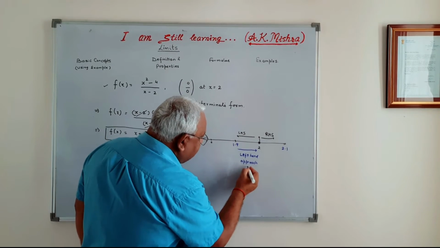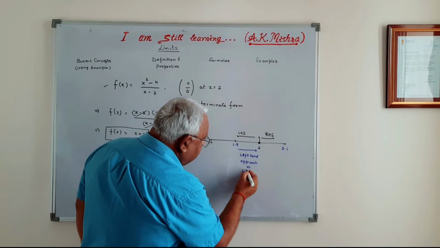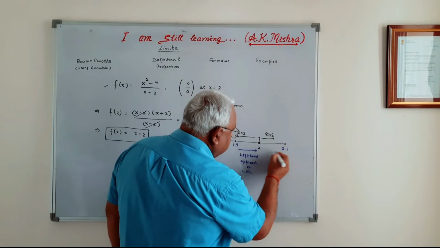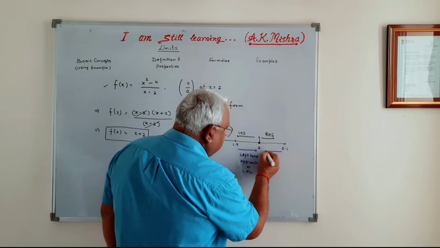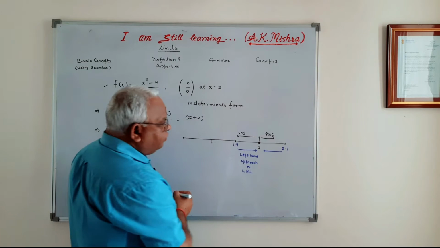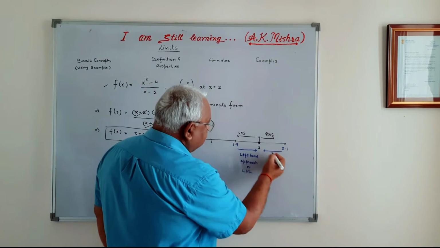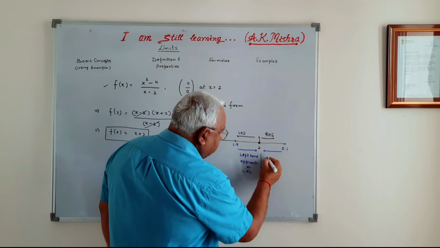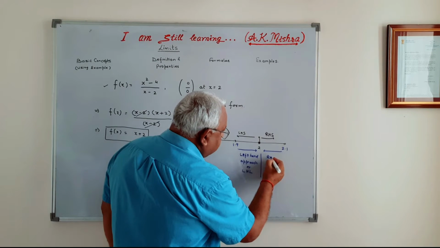In mathematical term, it is called left hand limit. Similarly, you will be moving from the right hand side towards 2. So this is called right hand approach.